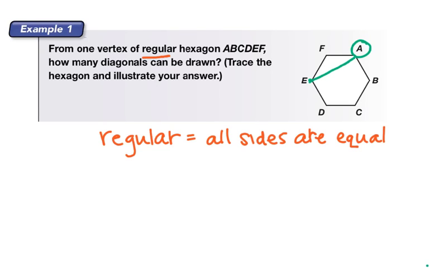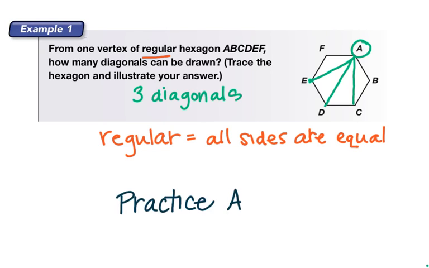Then we would go to D, connect the diagonal, and then C, connect the diagonal. And our answer then is we can draw 3 diagonals. Go ahead and pause, do practice A, and then return.